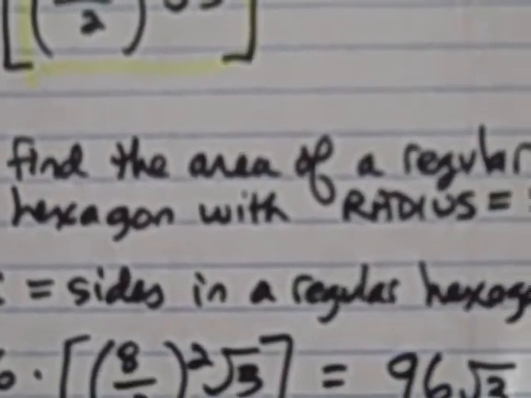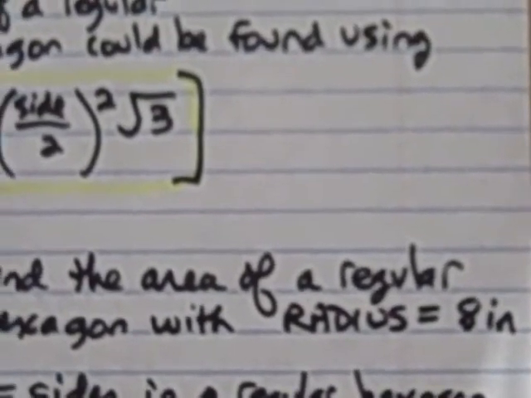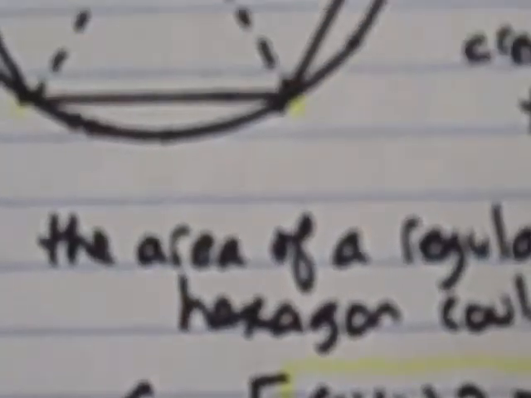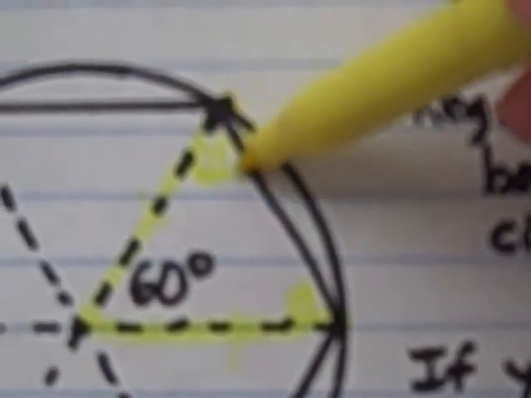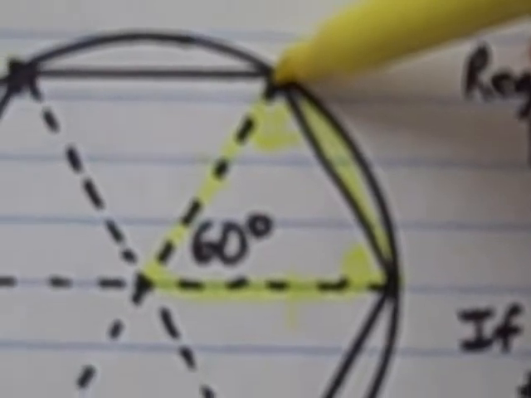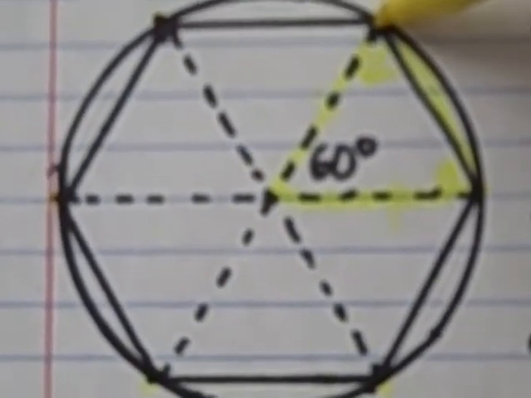So let's do an example. Let's find the area of a regular hexagon with a radius equal to 8 inches. So notice up here, let's just look back here. Here's what you would call the side of the hexagon. But remember, we said that these were all equilateral triangles in here.